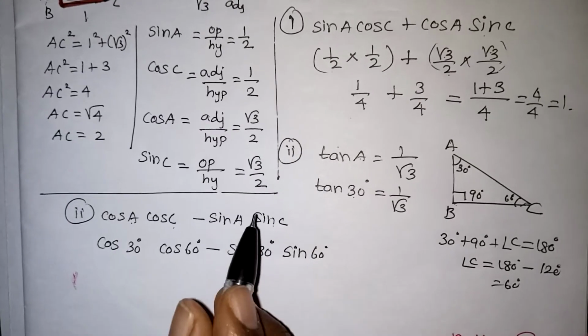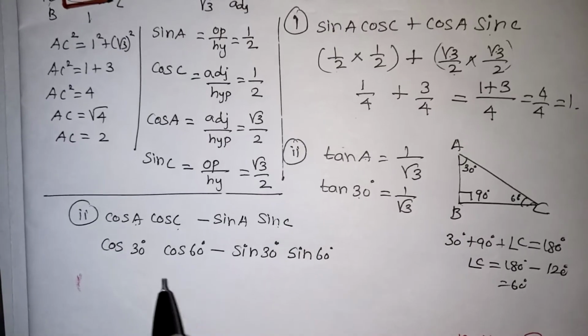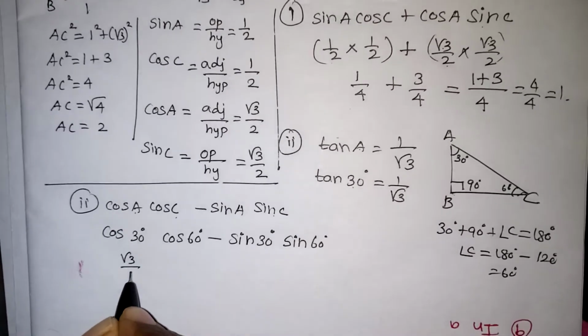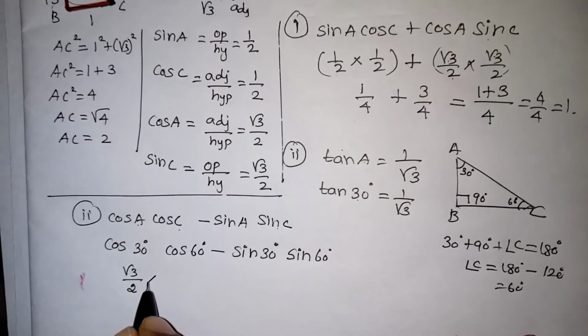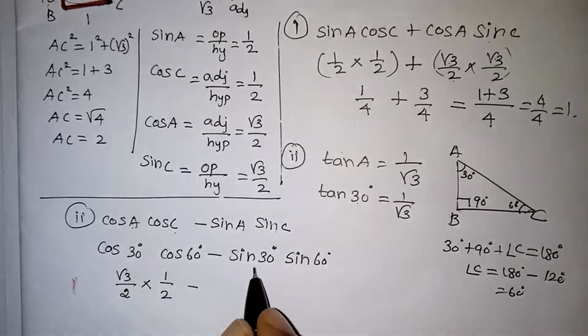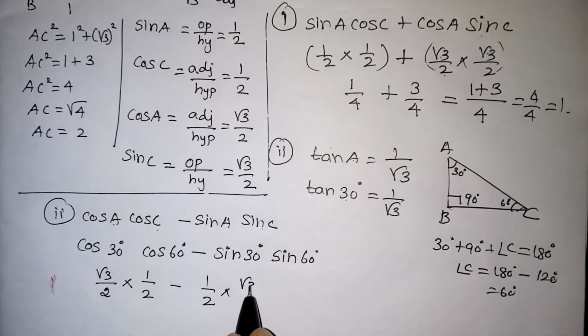We know the trigonometric table; if you don't know, check the trick behind it. So cos 30 value is root 3 by 2, from the table. Multiplied by cos 60, which is 1 by 2, minus sin 30 is 1 by 2, and sin 60 is root 3 by 2.